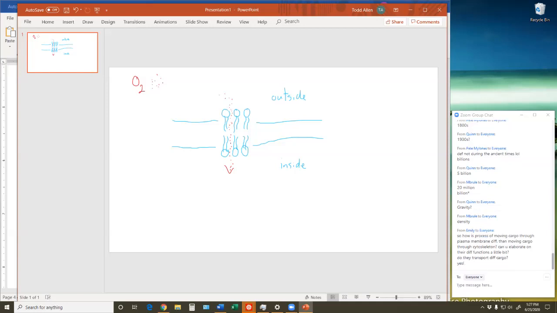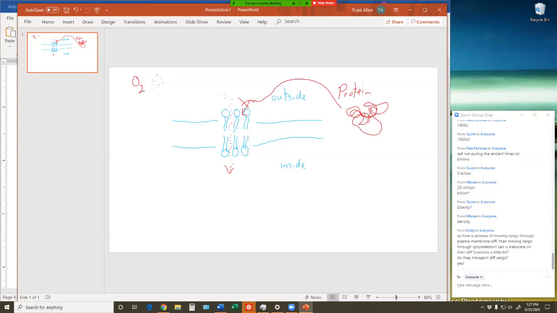Okay. So obviously very large cargo, such as a giant protein, might have a very globular kind of weird shape to it. This thing is way, way too large to get through here. It'll never get through there. So you have to do other processes to get proteins across the plasma membrane.